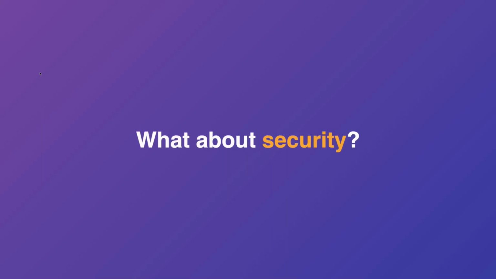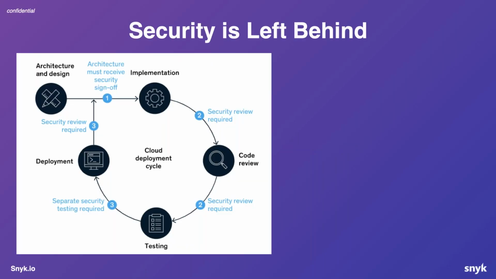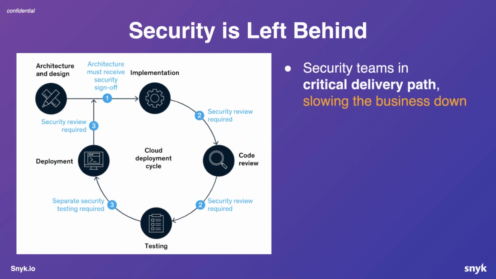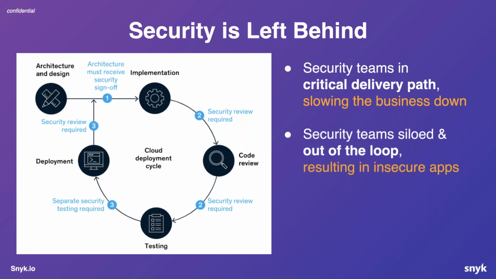Where has security played in this? I would say, when you look from a development lifecycle perspective, security's been left behind, but for very good reasons. Security teams don't necessarily want to be in the critical delivery path, because one of the things we talked about is continuous delivery, and you don't want to slow down the speed of the business to look at all the security aspects of the applications as they move to production.